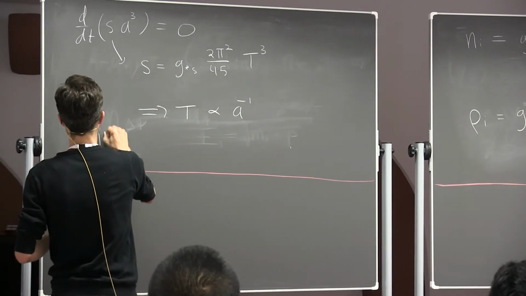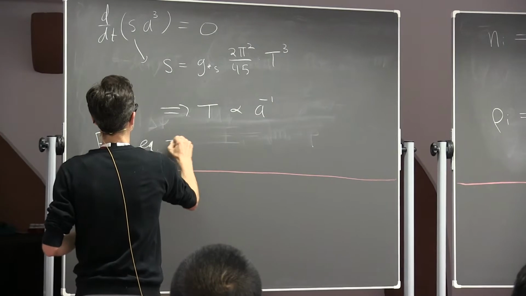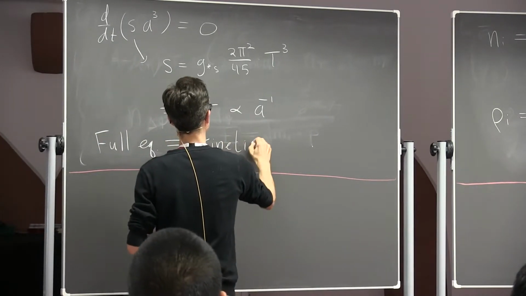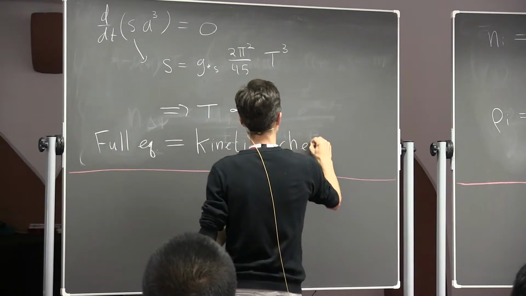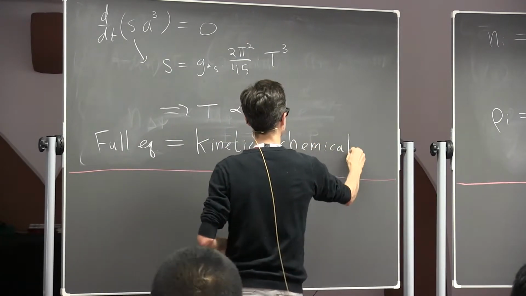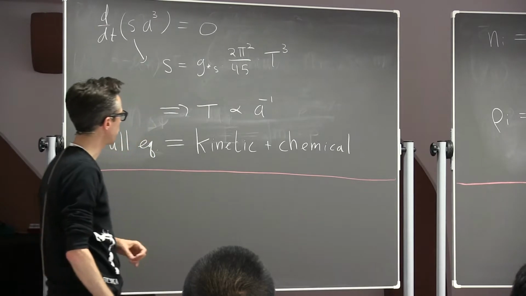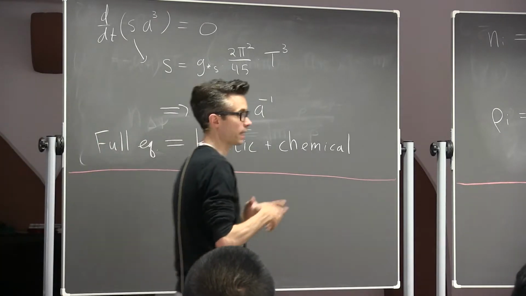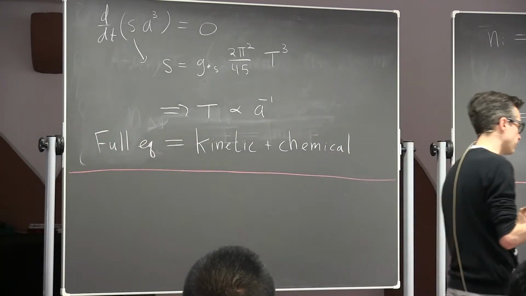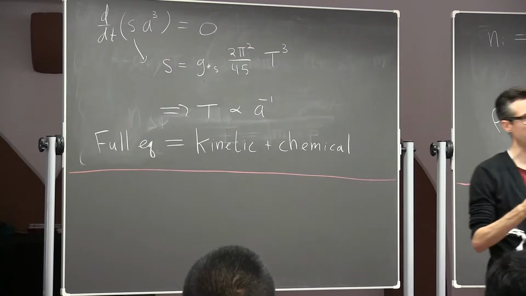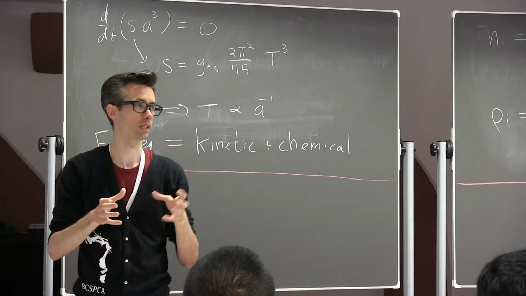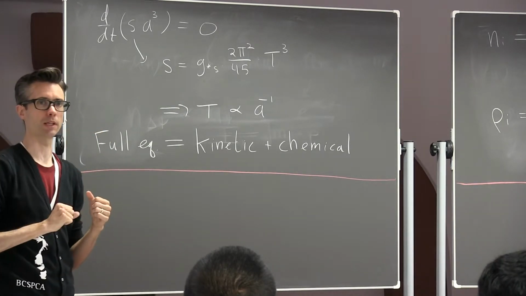So when I say full equilibrium, what I mean is a combination of so-called kinetic equilibrium and chemical equilibrium. So kinetic equilibrium means that things scatter off each other very efficiently. And as long as things scatter off each other very efficiently, everything has the same temperature. And even better than that, everything has the same temperature, and the distribution functions are just the ones I wrote down earlier, with the same temperature for everything, but possibly different chemical potentials.